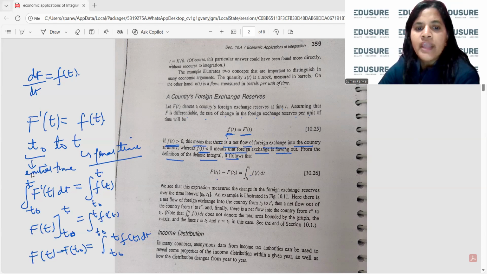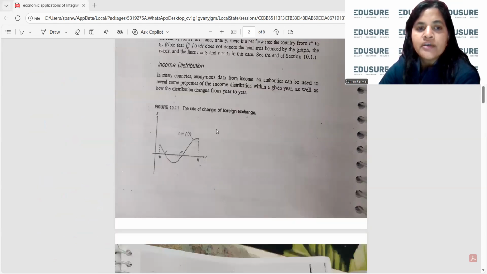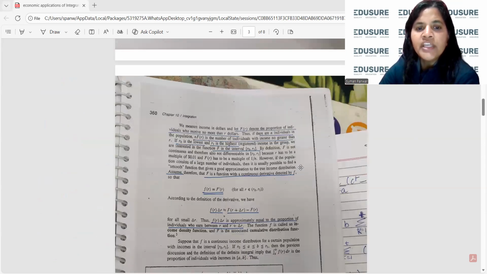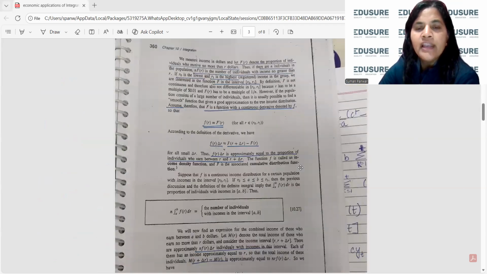All right. Next, income distribution. In many countries, anonymous data from income tax authorities can be used to reveal some properties of the income distribution within a given year, as well as how the distribution changes from year to year. We measure income in dollars and let F(r) denote the proportion of individuals who receive no more than r dollars.